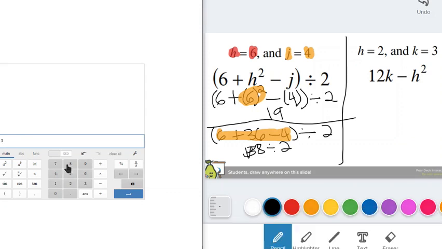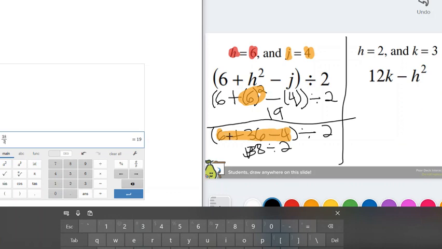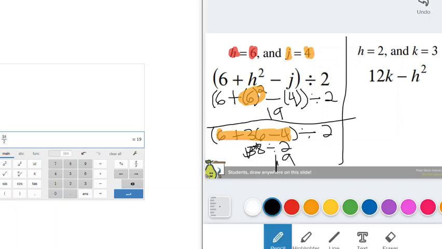Let's go again, 38 divided by 2, and that gives me the same 19. So as you can see, I can use the calculator or I can do it by hand, but whether I'm using the calculator or not, it's important that I rewrite my expression.